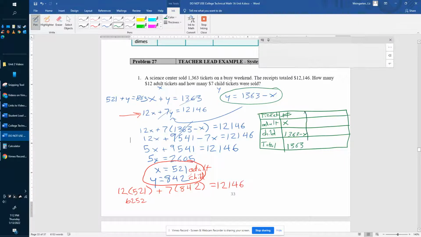So if we look at this column, if we add these two together, we should get what's in the total. And we do. Then we have how much each is worth. So the adult tickets are $12. Child tickets are $7. How much is worth total doesn't make any sense. We'll just forget about that one.